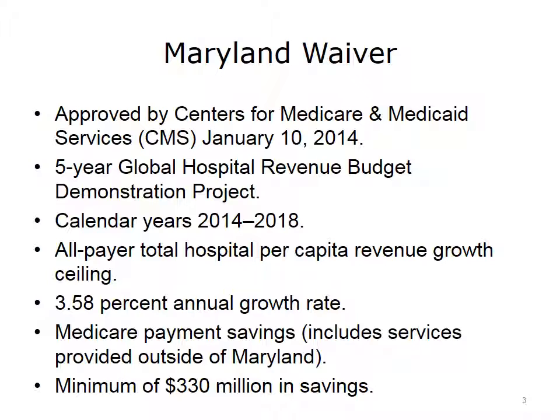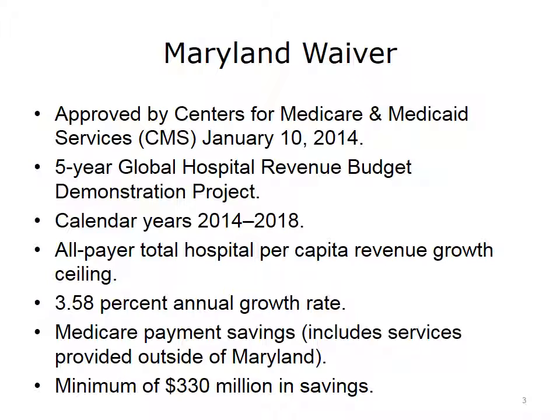More recently, Maryland applied for and received approval from the Centers for Medicare and Medicaid Services, CMS, in January 2014 for a 5-year global hospital budget demonstration project through 2018.